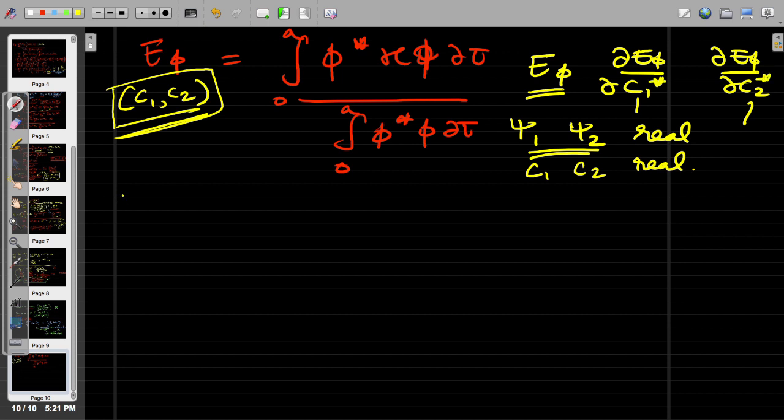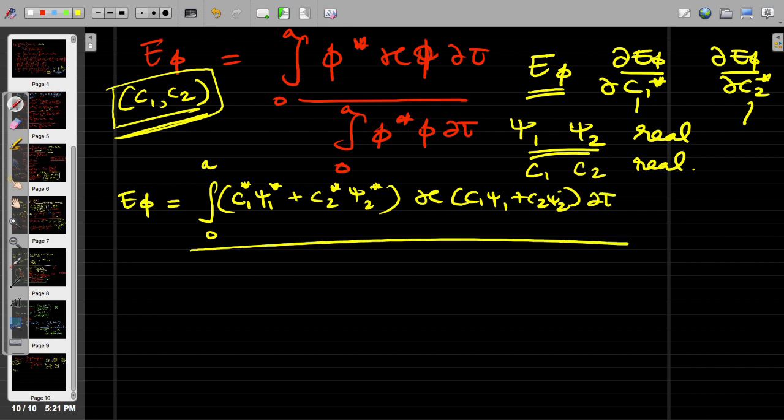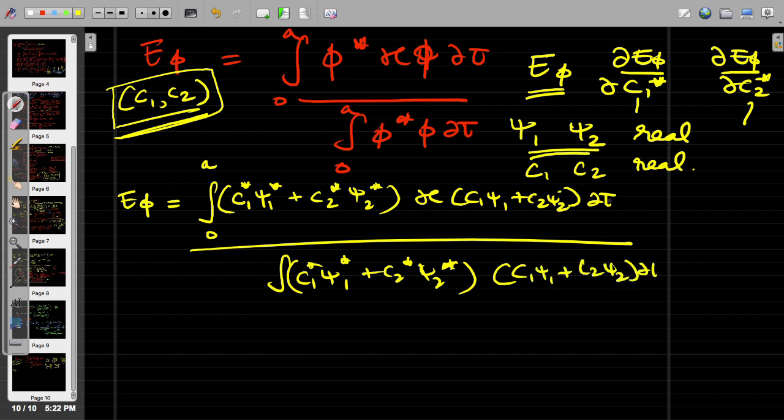So E phi is going to end up becoming the integral 0 to a of C1 star psi 1 star, the Hamiltonian, C1 psi 1 plus C2 psi 2 d tau, the whole divided by the integral of C1 psi 1 plus C2 psi 2 complex conjugate times C1 psi 1 plus C2 psi 2 d tau.